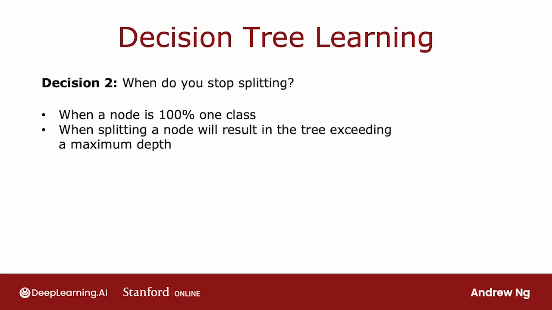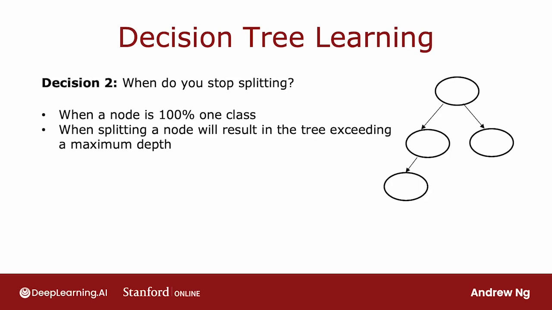In a decision tree, the depth of a node is defined as the number of hops that it takes to get from the root node, that is the node at the very top, to that particular node. So the root node takes 0 hops to get to itself and is at depth 0. The nodes below it are at depth 1, and the nodes below those would be at depth 2.